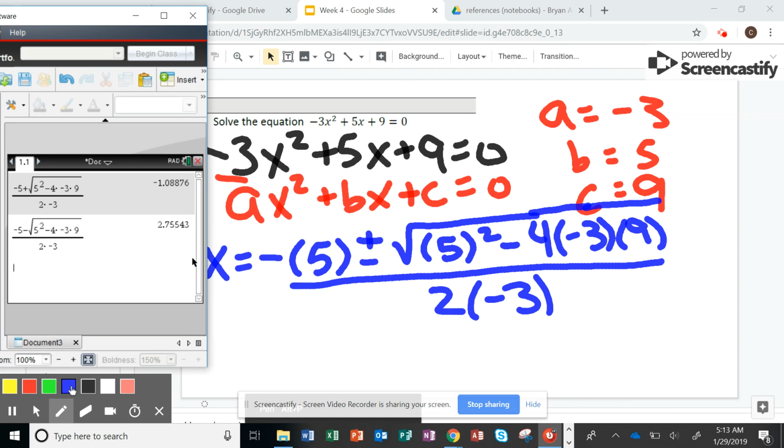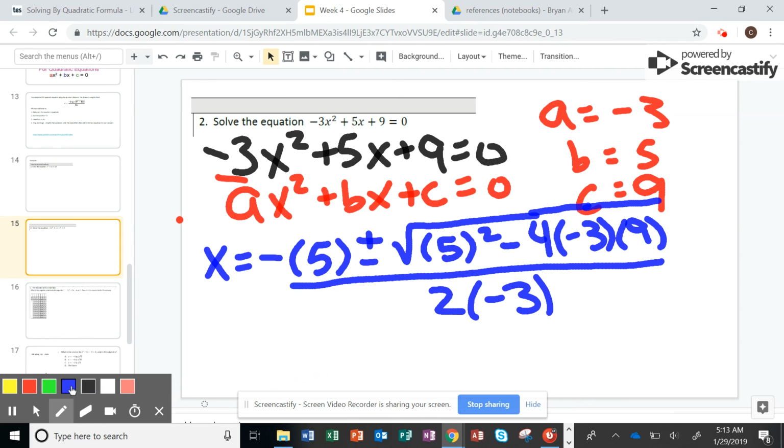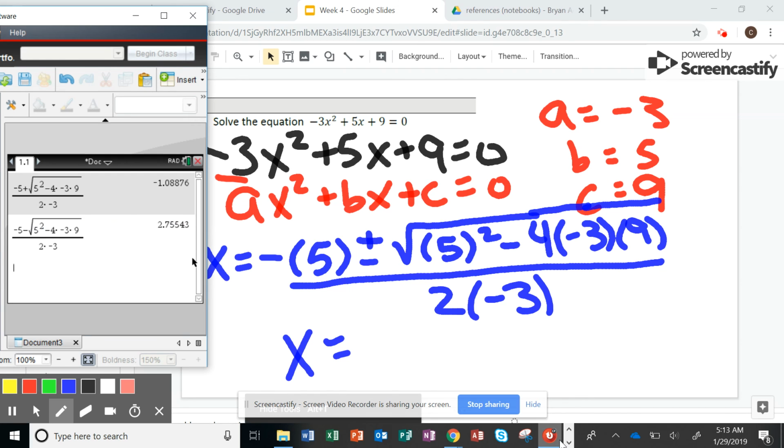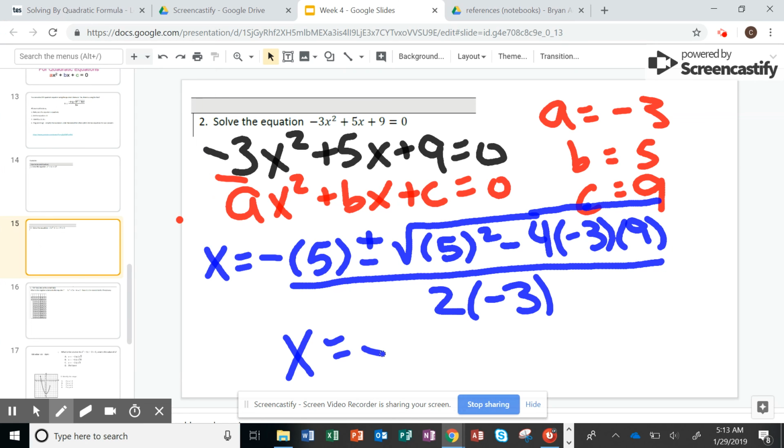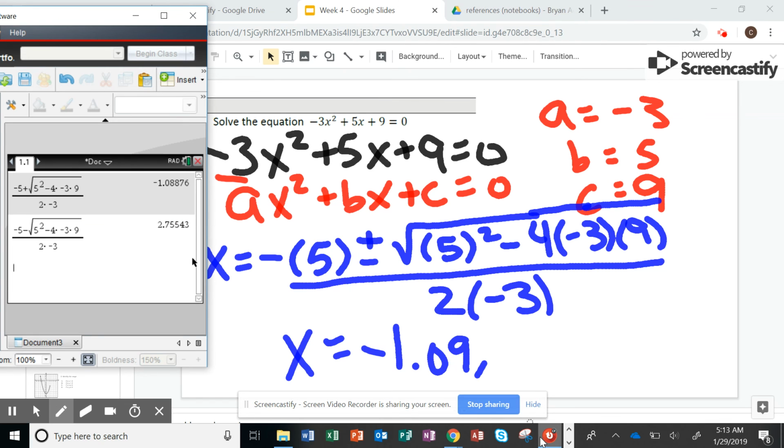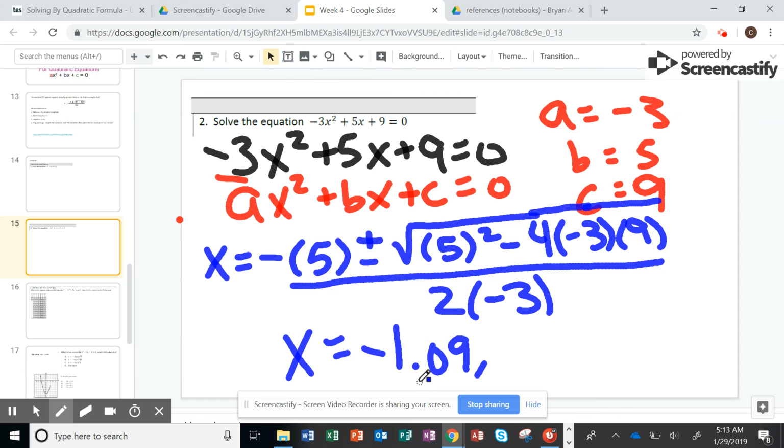So let's just write that here. x is equal to negative 1.09 and 2.76. And that's it for example 2.